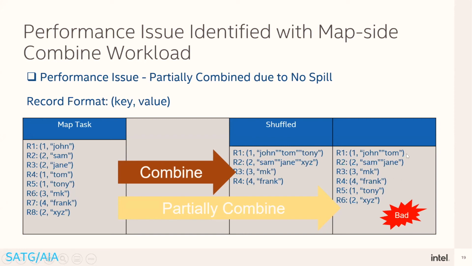We then read them back and merge with R5 so that we can reduce the total number of records being shuffled out. Partially combined records will induce memory and computation pressure in the reduce task. It will get very bad performance in the reduce task.